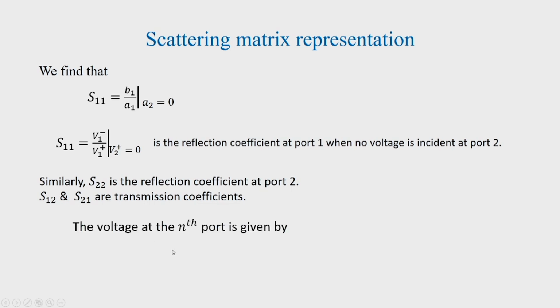Now, the voltage at the nth port is given by V n equal to V n plus plus V n minus, and in terms of the parameters A n and B n, we can write V n to be equal to root Z0 n times A n plus B n.